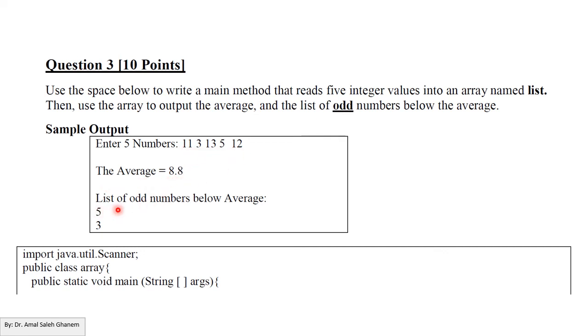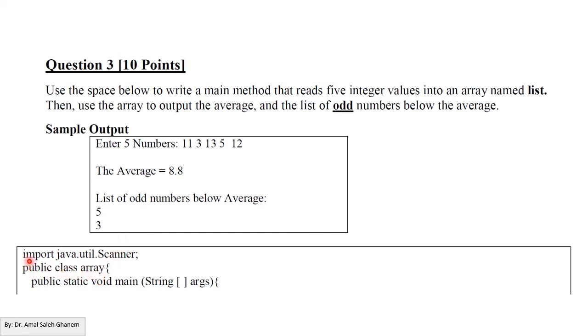And then I have to output the list of odd numbers below the average. So if the average is 8.8, I have to find which of these numbers 11, 3, 13, 5, and 12 is below the average and also an odd number. So that's why we have the numbers 5 and 3. That's why they are below the average and odd numbers.